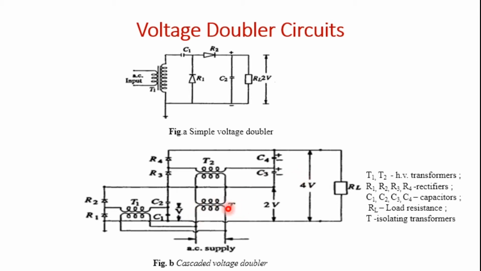T2 is an isolating transformer for the insulation of 2V maximum, since the transformer T2 is at a potential of 2V maximum above ground. The voltage distribution along the rectifiers, that is R1, R2, R3 and R4, is made uniform by having the capacitors C1, C2, C3 and C4 of equal values.